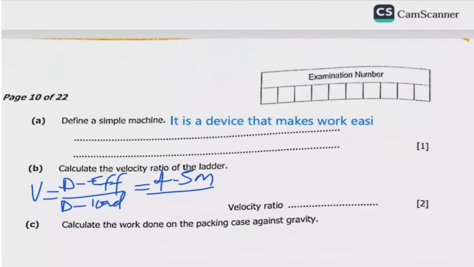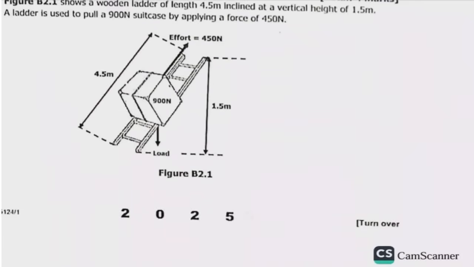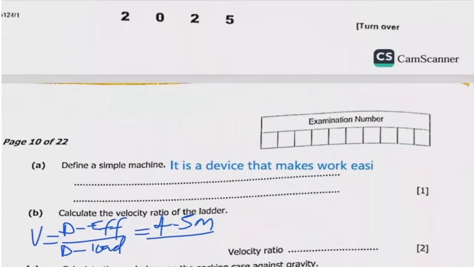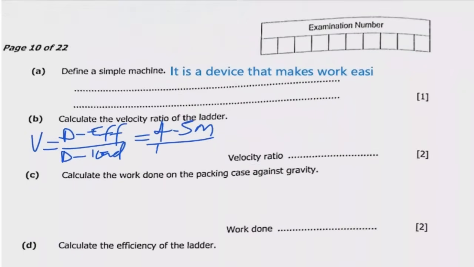That is the vertical height, which is 1.5 meters. So we divide 4.5 by 1.5, and we get 3. So the velocity ratio is 3. That is the answer.